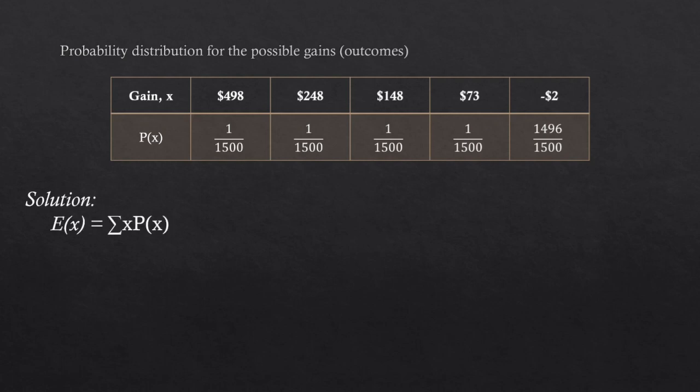So solution. In order to get the expected value, you need to multiply the gain x and its probability. And after that, you have to add all of the answers.